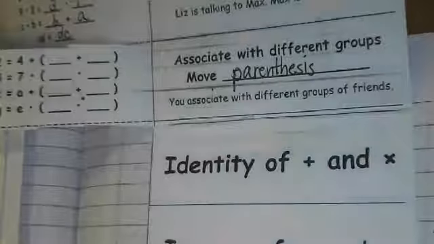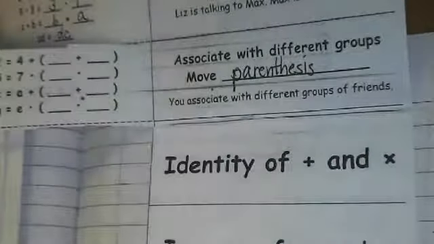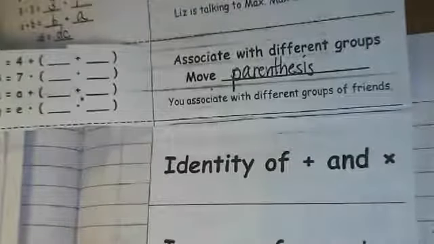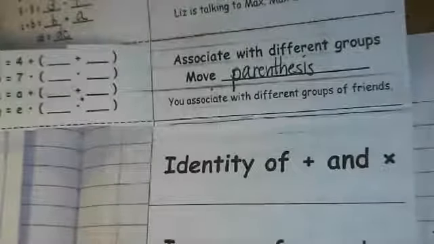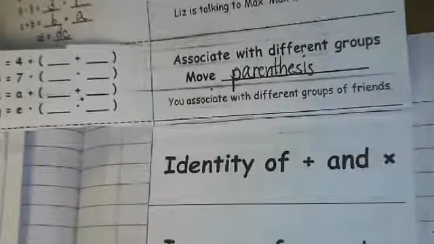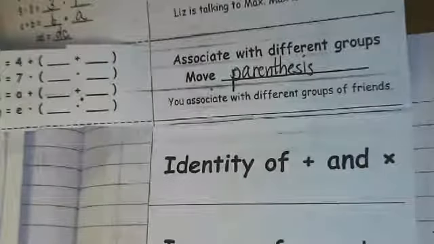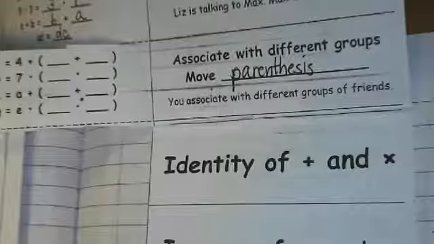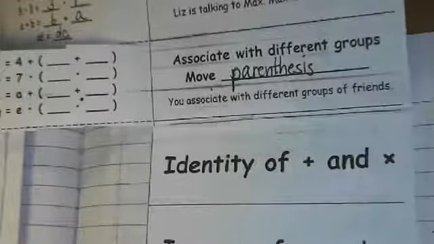You're changing the grouping of the numbers or the grouping of the terms. You associate with different groups of friends. So for example, you might have friends at school, but then you would have friends in your neighborhood. Okay? You're just changing your groups.